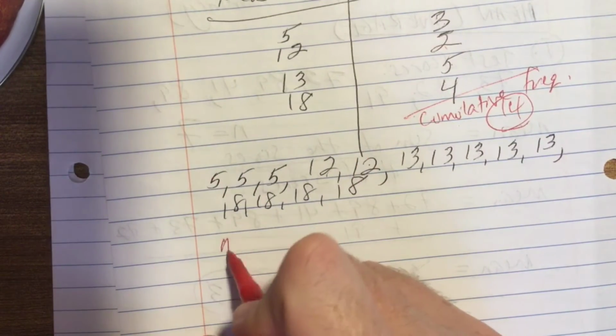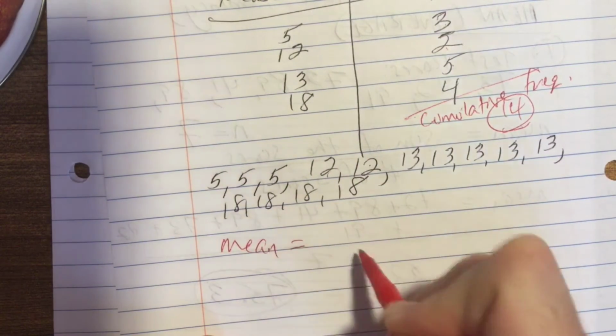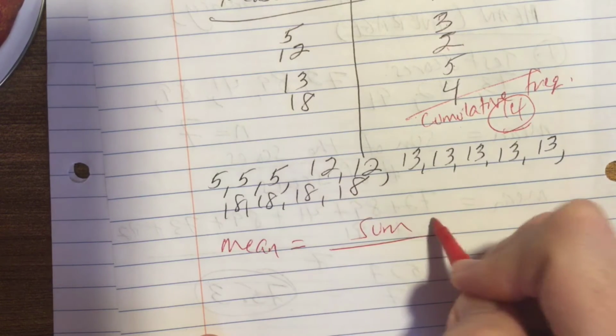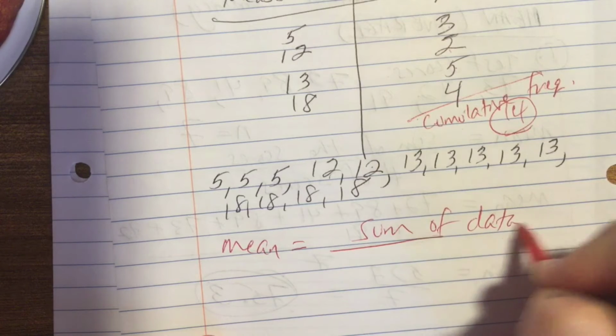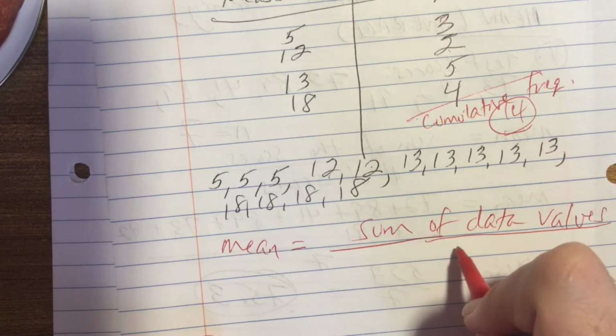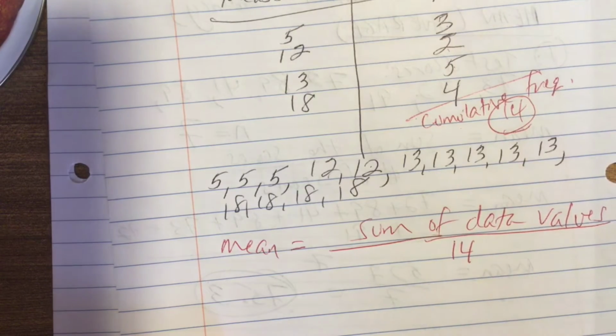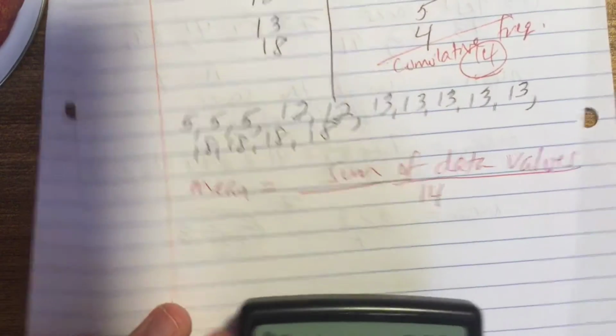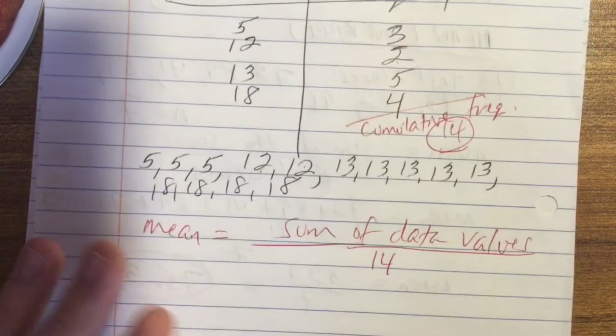So if I want to find the mean of this data set, I'm going to find the sum of all the data values and divide by 14, which was our number of data values.